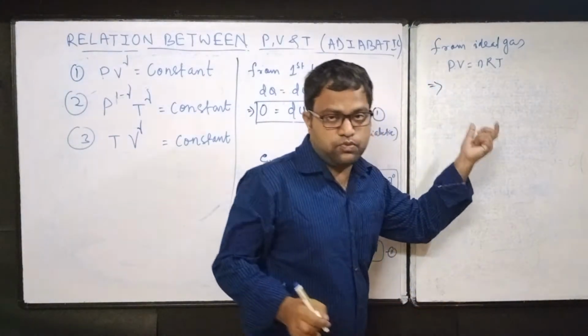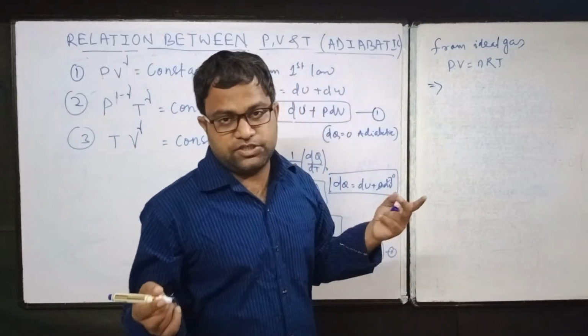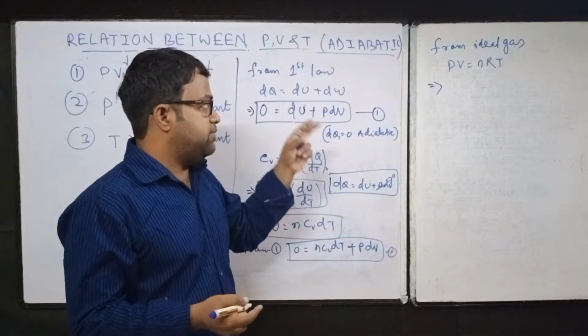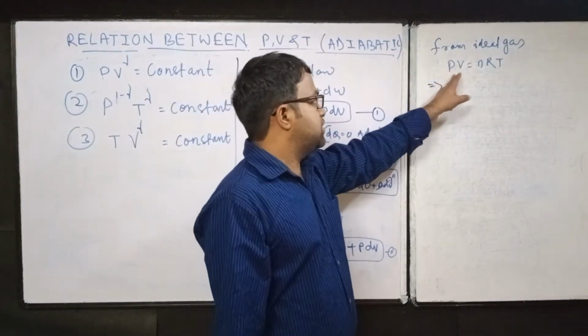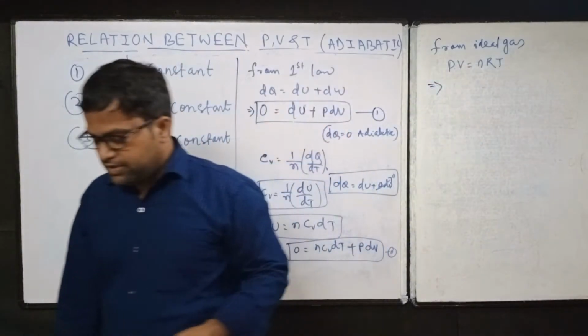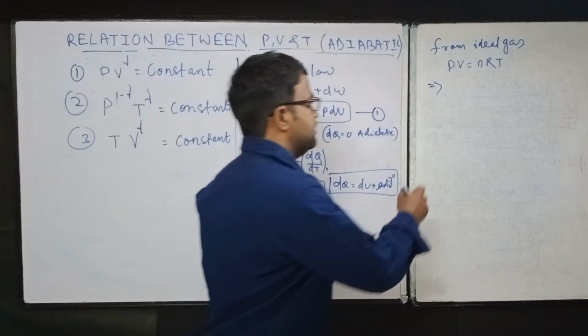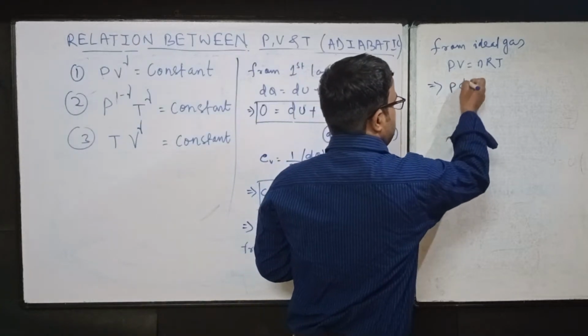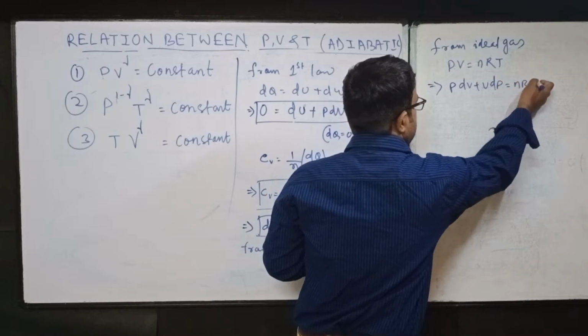If we differentiate both sides, pressure and volume both will change, because in our adiabatic process pressure, volume and temperature are all changing.